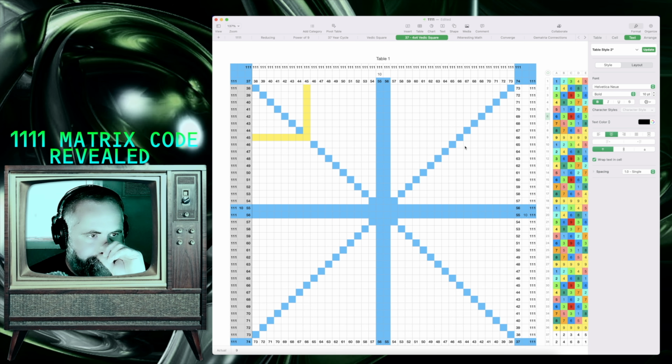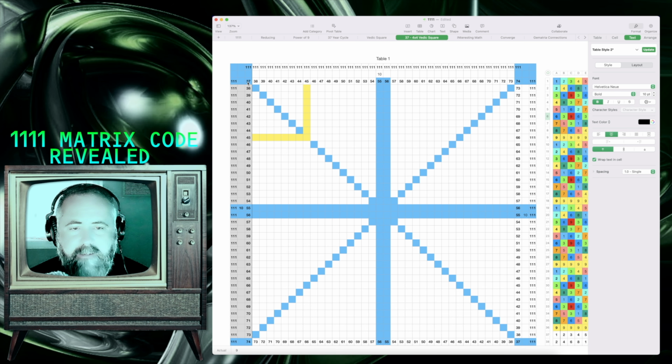It's pretty easy. Starting with the first number, 37, we add those together. 3 and 7 is 10, which reduces to 1, and that gives us the first number that you see over here. Then we have 38. 3 and 8 is 11, so 1 and 1 becomes 2, and that becomes the next number. Then 3 and 9 is 12, which becomes 1 plus 2 is 3.